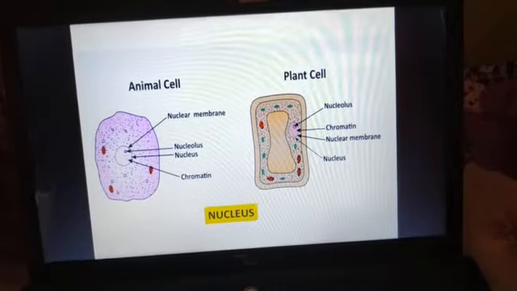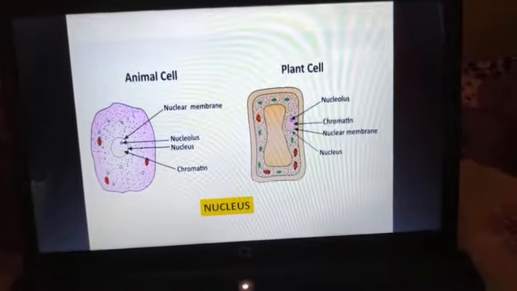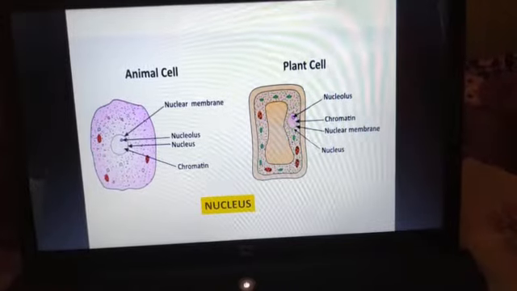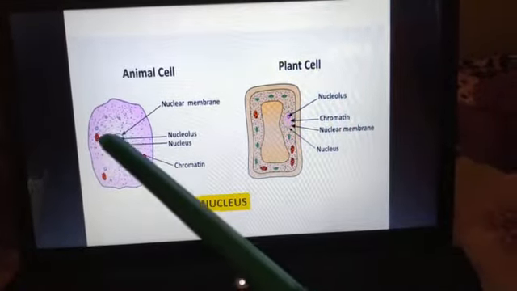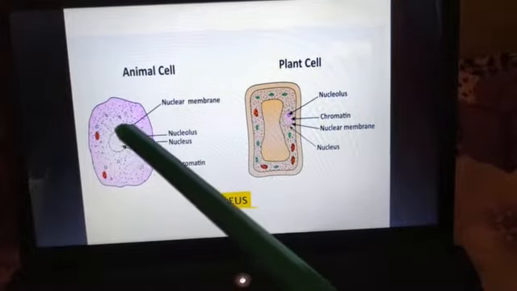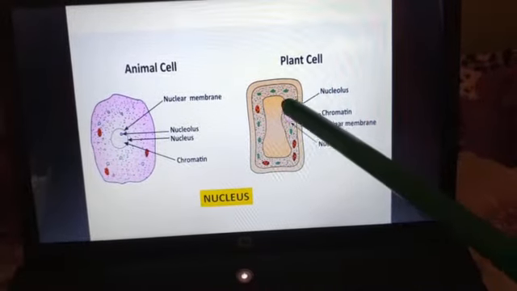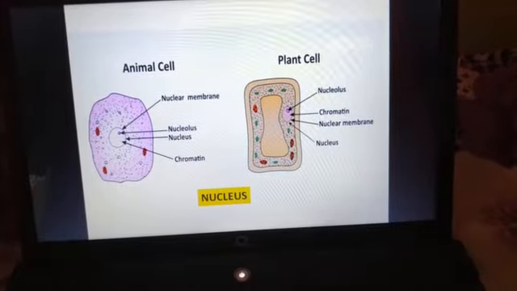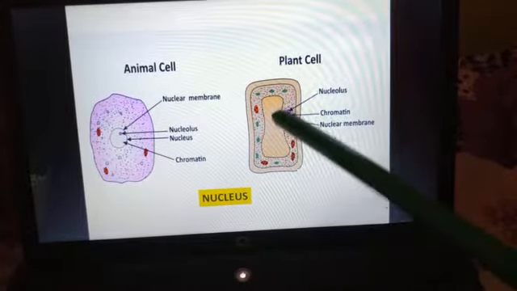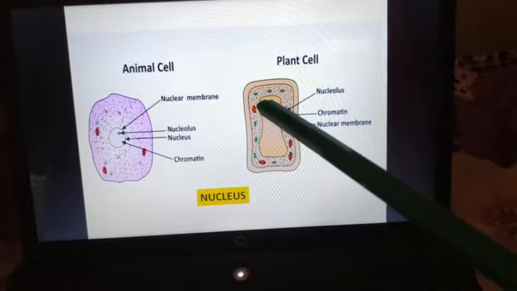So let's now see the nucleus in both animal cell and plant cell. It is spherical in shape and present in the center. We can see here, this is the nucleus. But in plant cell, the nucleus gets slightly shifted to one corner because of the presence of this large vacuole.